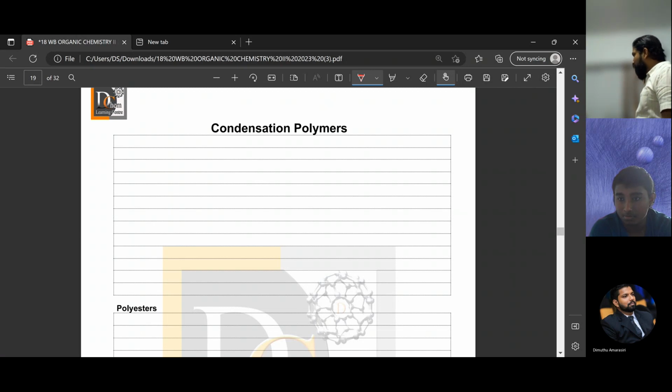Proteins are anyway called polyamides, and DNA is also a condensation polymer. So there are three types of condensation polymers here. I mean, there are many more types, but with regard to your syllabus.